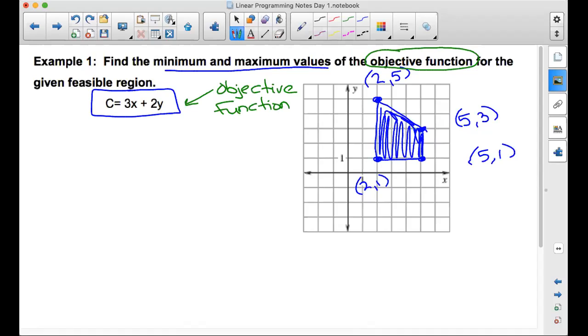And we want to meet this goal by finding the maximum or the minimum of this objective function. So again, we're not graphing this, but we're going to see if we can find what the maximum and the minimum values would be. Now, here's my little grid area, my feasible region.